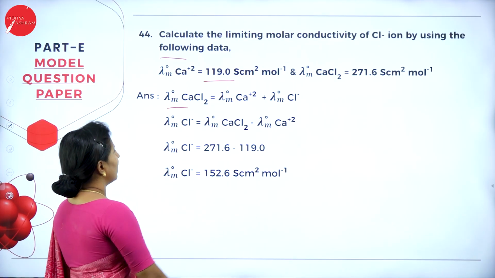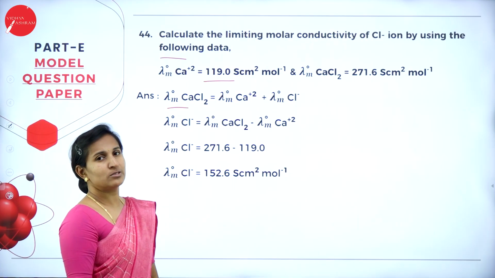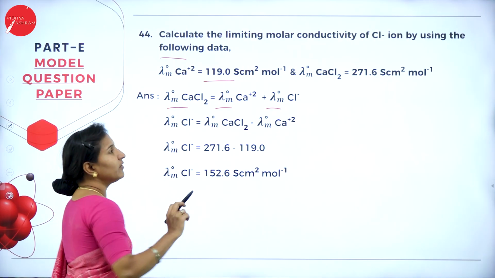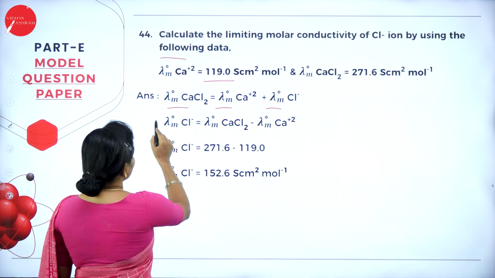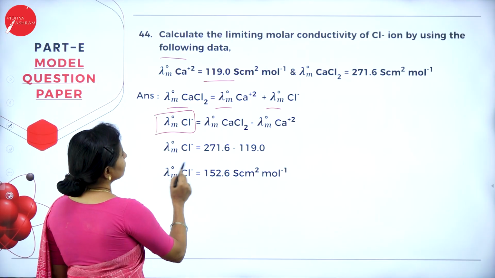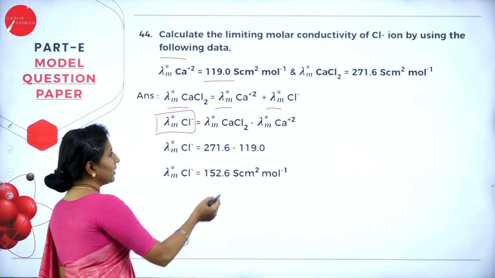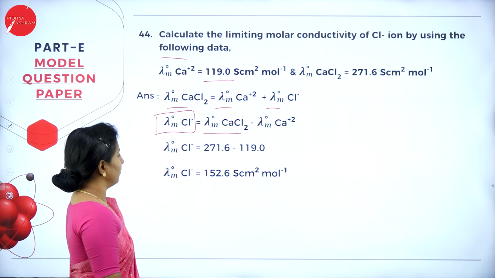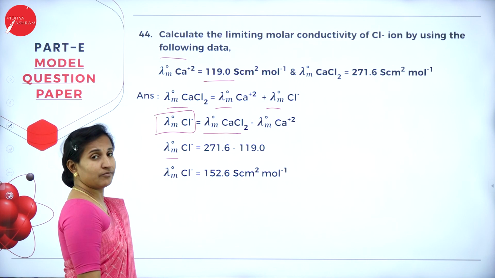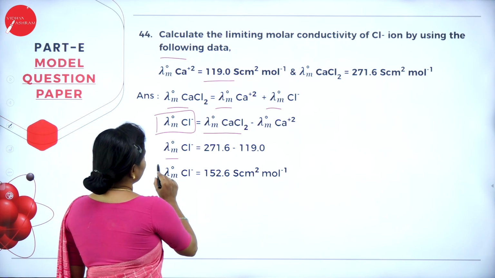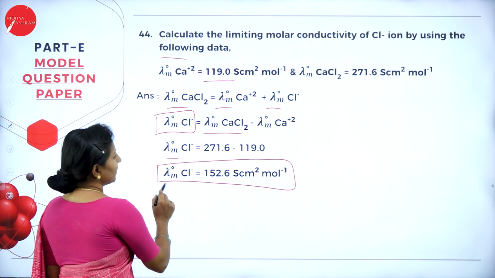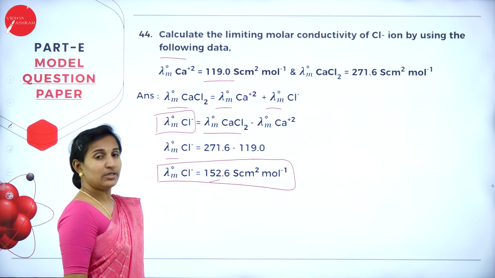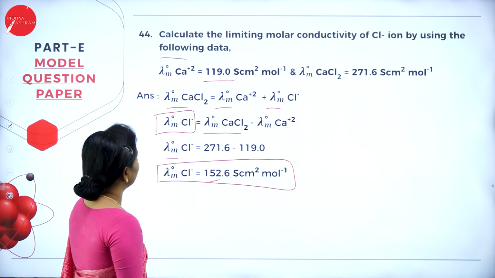Answer: limiting molar conductivity of calcium chloride equals molar conductivity of calcium ion plus molar conductivity of chloride ions. We need to calculate molar conductivity of chloride ion, that is equal to limiting molar conductivity of calcium chloride minus limiting molar conductivity of calcium ion. So when we take the difference of these two, we get the value of limiting molar conductivity of Cl minus ion, that is 152.6 S cm square per mole.